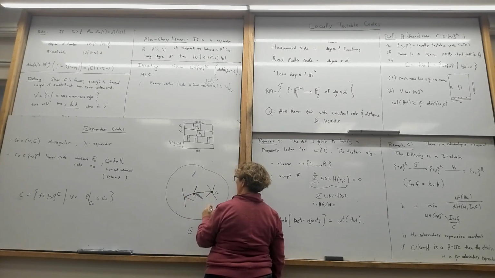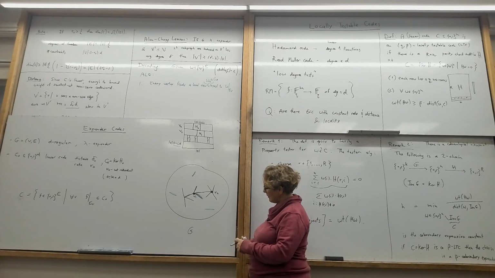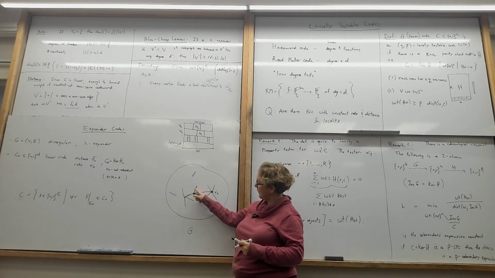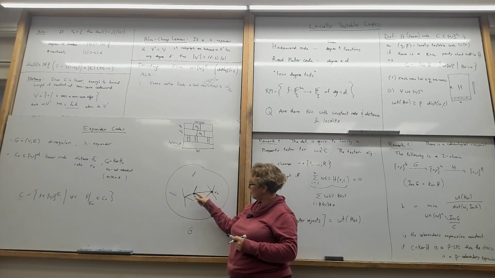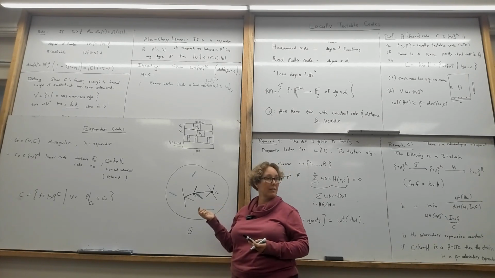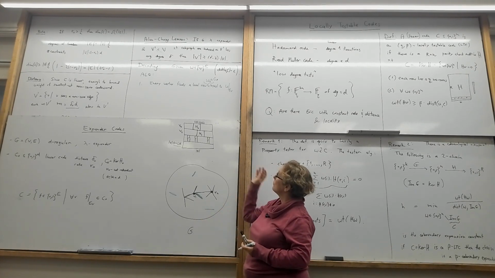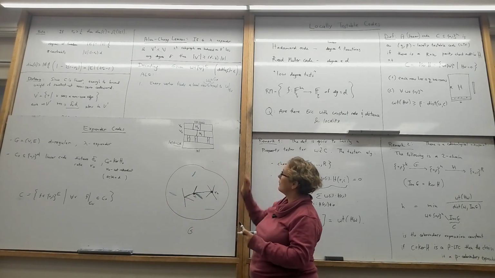There will be some error here, some error here, some error here. If the error pattern was like this, then for this vertex, out of the D bits, only 1 bit got flipped, so the nearest code word is exactly the word that will correct this error. And every vertex that only sees very few errors, less than delta over 2, will reach the correct code word after this one step. So if the error pattern was like this, we are done after this one step.